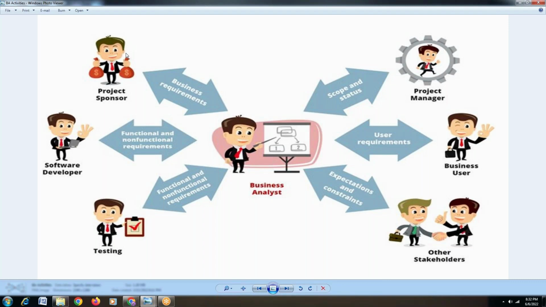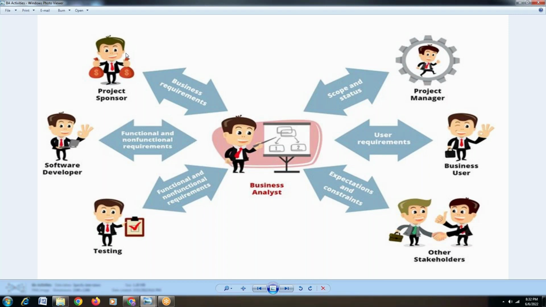Right from the inception of the project to the delivery of the project, the role of a business analyst is essentially needed. But in analysis, planning and design, our role is more prominent. When it comes to implementation, our percentage of involvement will be less. That's a different story.